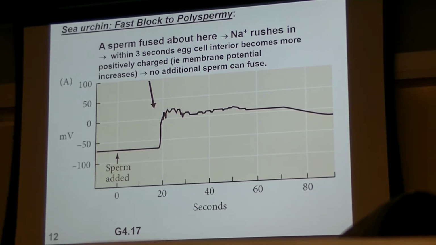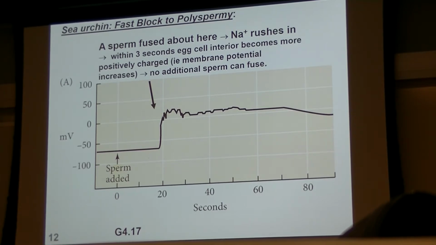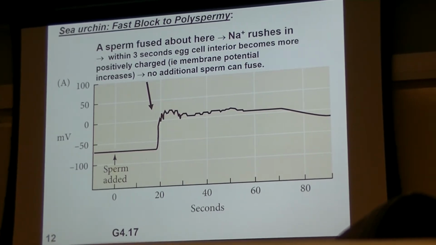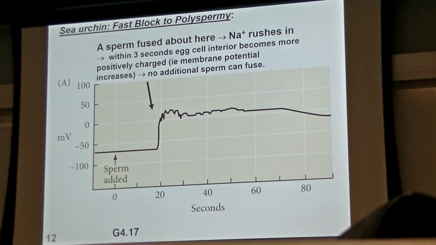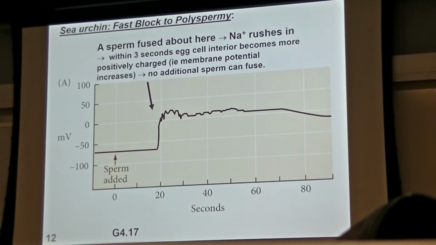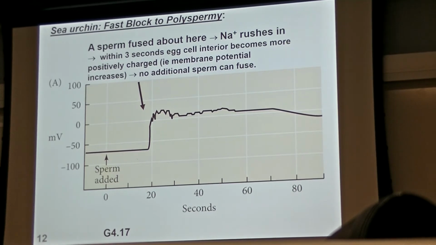Even though they're present, even though they're close, and might have already undergone the acrosome reaction, they're still not going to be able to fuse with the membrane. This happens within only a few seconds, but it's transient. It will only provide protection against polyspermy for a short time, say a few minutes.